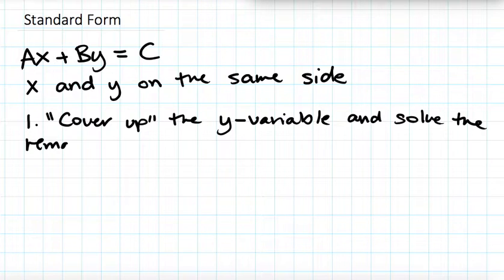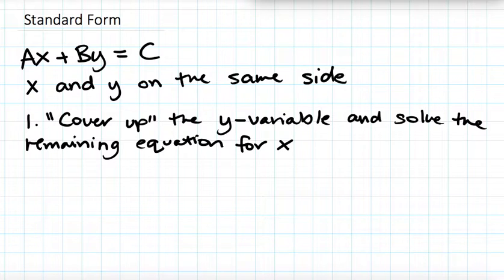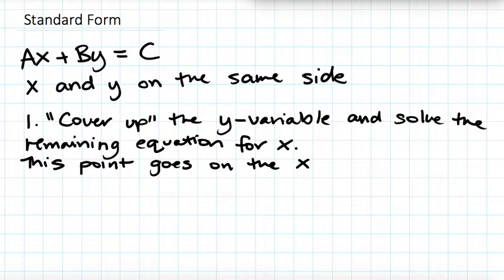So you're going to get an equation that says x equals some number. Then what you're going to do is plot this point on the x-axis. This is called the x-intercept. So this point goes on the x-axis.